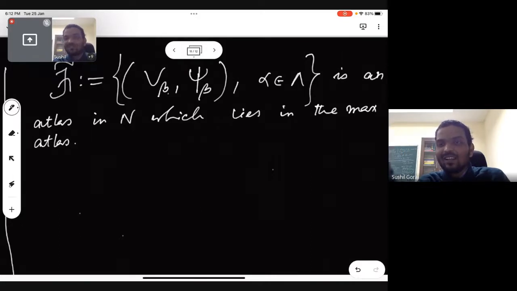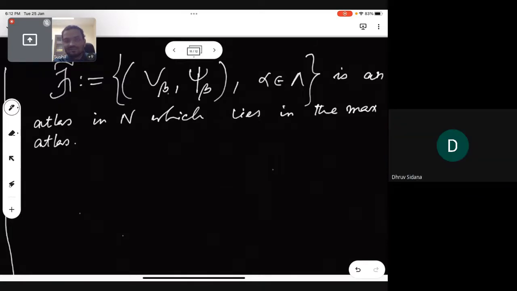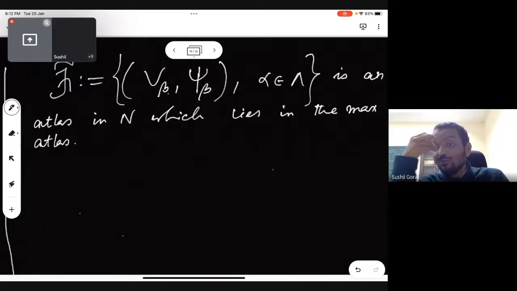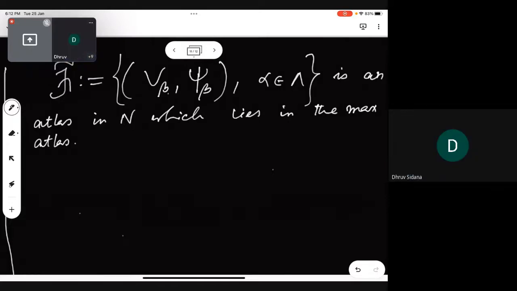What would be a natural guess? The Cartesian product of atlases. That is, U alpha cross V beta, with homeomorphisms phi alpha and psi beta.